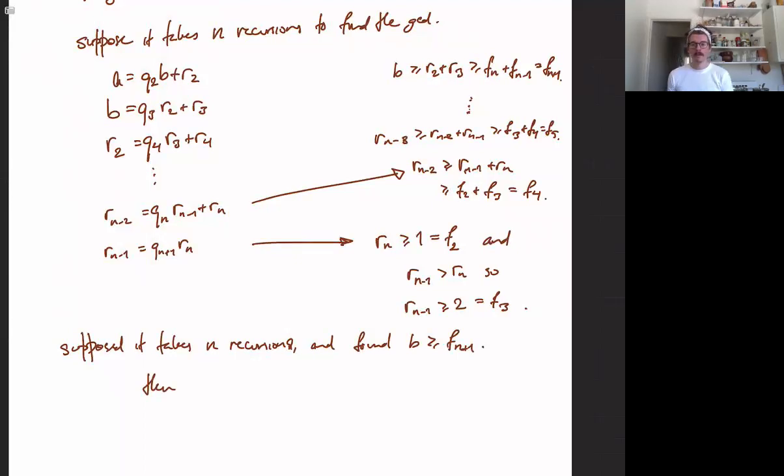And if you remember, last time we were able to get a bound on these Fibonacci numbers. So B is greater than or equal to alpha to the n minus 1, because recall we got this bound that the nth Fibonacci number is greater than or equal to alpha to the n minus 2, where alpha is this thing.